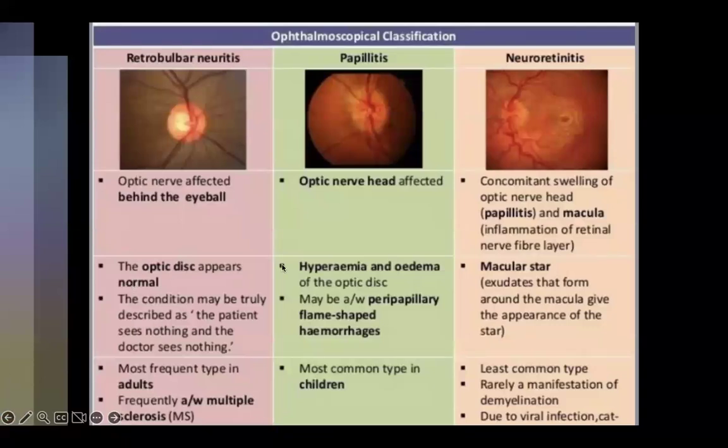It's usually retrobulbar. And neuroretinitis is usually due to viral infections, cat scratch disease, and certain other diseases. Only very rarely is it a sign of a demyelinating condition. Okay.